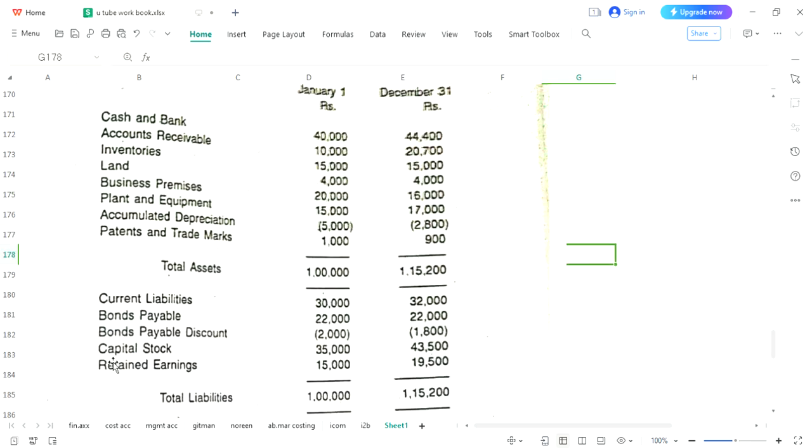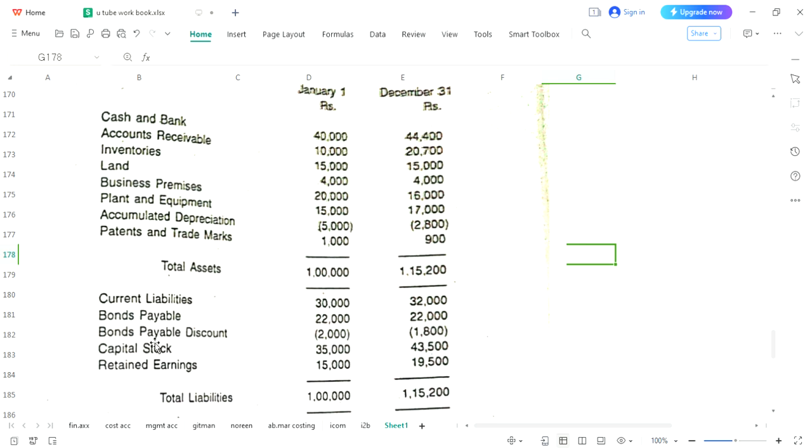Now next is discount. Please understand, discount was 2000 and 1800. Difference is 200. Discount is non-cash. Depreciation is non-cash. Loss is non-cash. So again, it was a discount, and non-cash expense would be added.